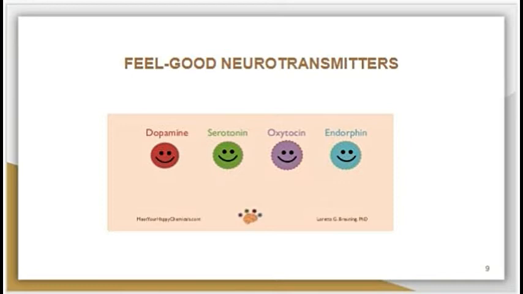So these four feel-good neurotransmitters are ultimately what make us feel happy. If I experience pleasure and enjoyment, I experience satisfaction and contentment and well-being, I experience connection and closeness and bonding with somebody, and I experience a sense of euphoria and happiness because I do things like physical exercise and I laugh a lot, that indicates a sense of health and well-being physically, emotionally, and mentally.